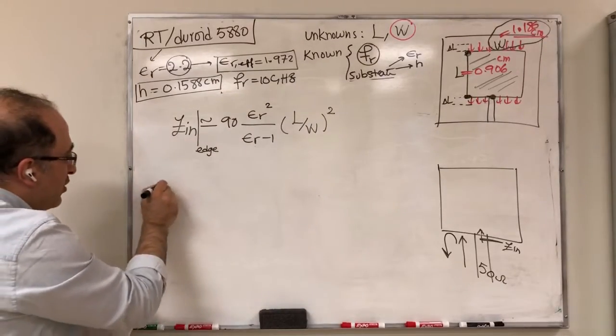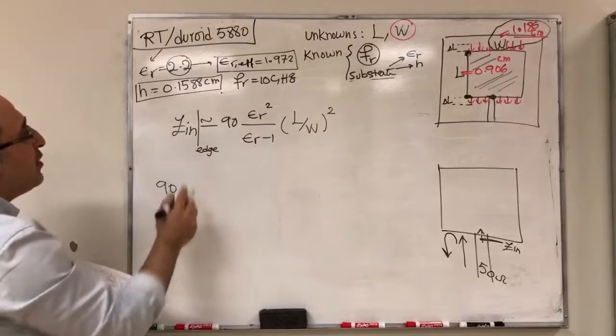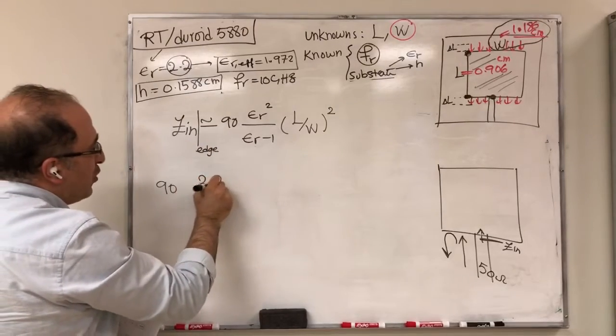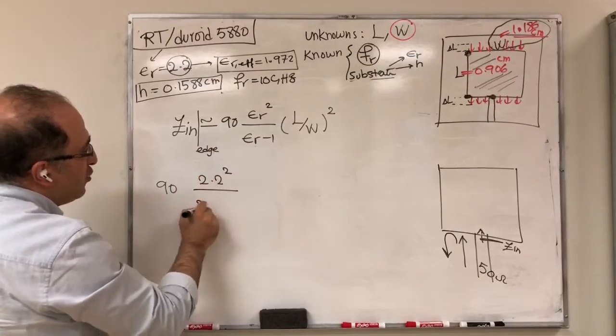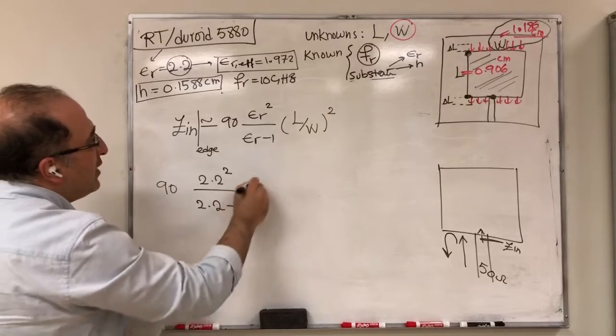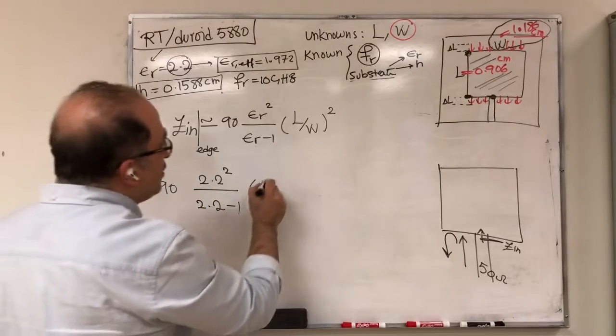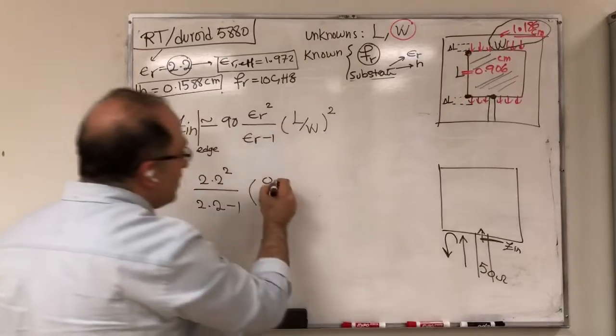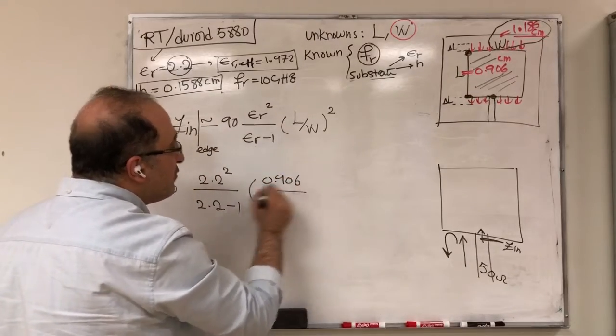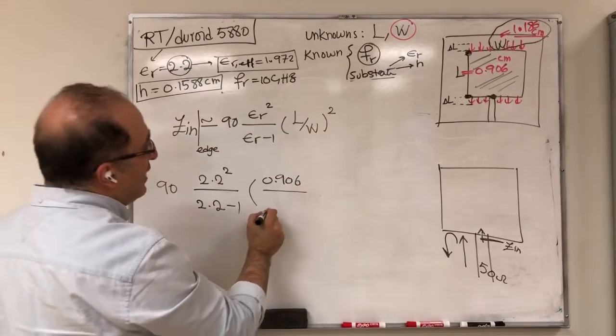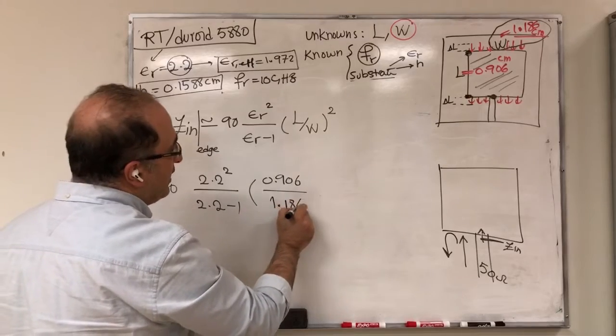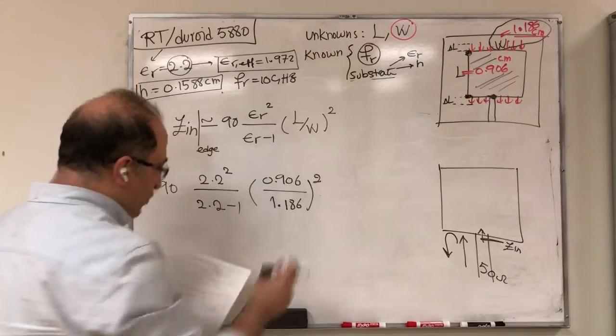If you start plugging in the numbers for this particular design, you end up with 2.2 to the power of 2, over 2.2 minus 1, and L divided by W, where our L is 0.906 that we found from the previous lecture, and W is 1.186, to the power of 2.